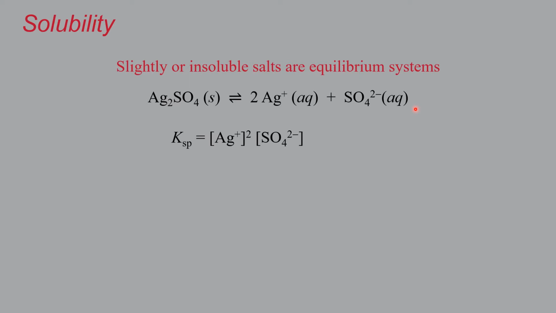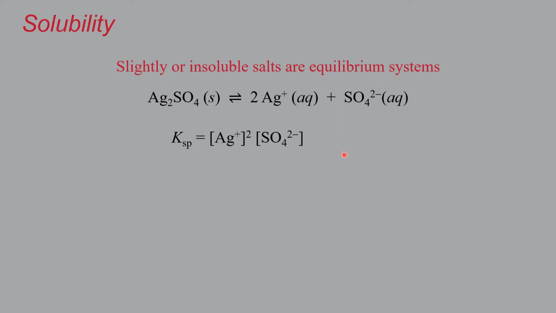Now the equilibrium constant expressions you put together just like you do every other equilibrium constant expression: concentrations of the products raised to the power of their coefficients divided by the concentration of the reactants raised to the power of their coefficients, excluding pure solids and pure liquids. This is a very important thing to keep track of because these solubility equilibria have solids in them.